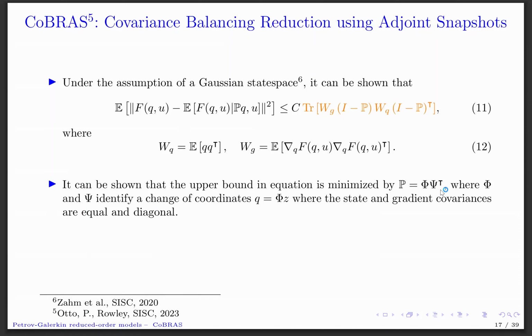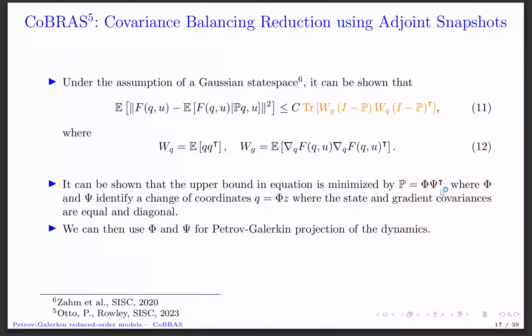And so it can be shown that this upper bound, basically the projection matrix P that minimizes this upper bound, is one that balances WQ and WG. So basically it identifies a change of coordinates where these two matrices are equal and diagonal. And then again, that gives us the opportunity to identify states that are most controllable and observable in a nonlinear sense, if you will.